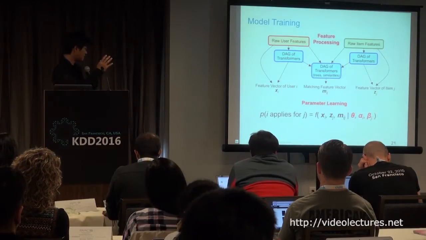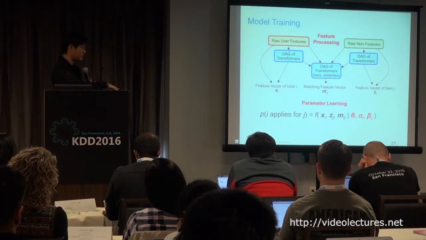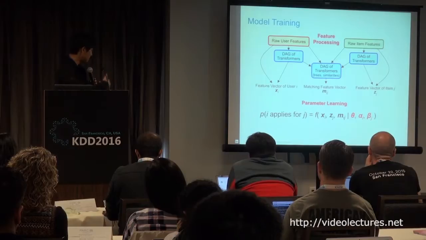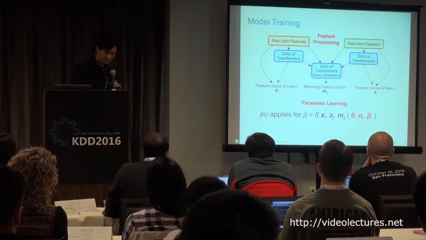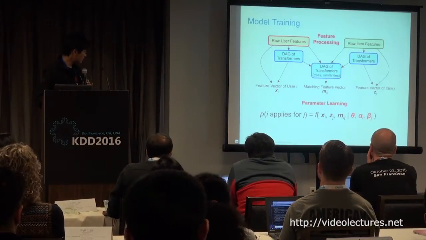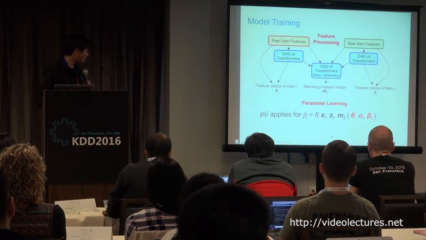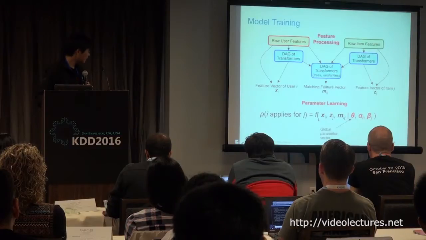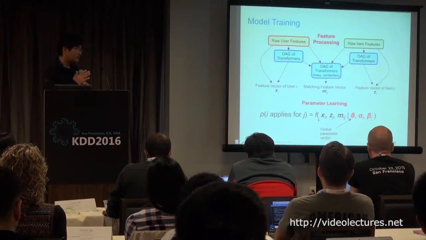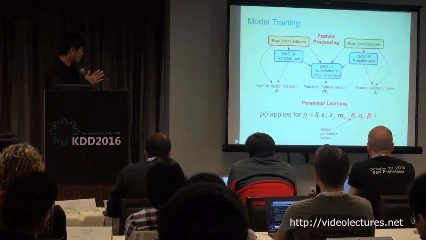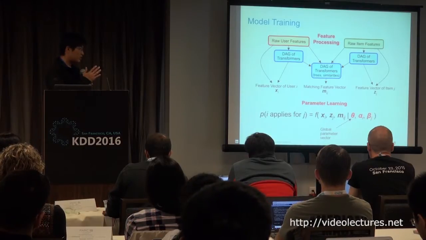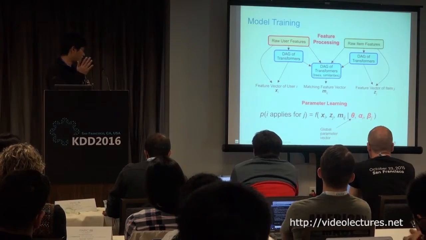Then we learn the model parameters using a learning library, and basically we are trying to learn the model parameters for this ranking function. And usually we can classify the model parameters into three different types.